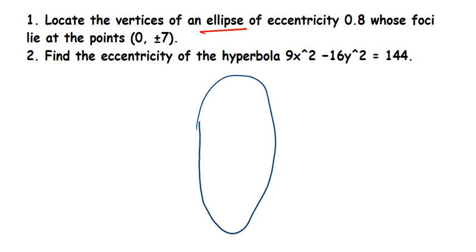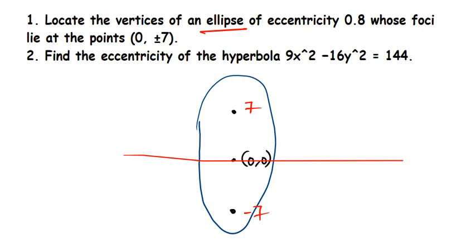So plus or minus 7, that's the foci, right? So positive 7 and negative 7, assuming the center is about the origin. One is positive 7, one is negative 7.